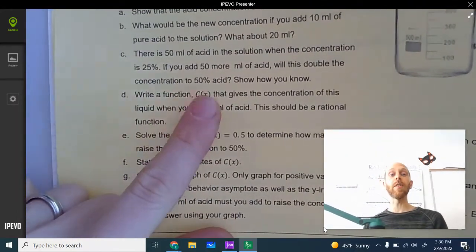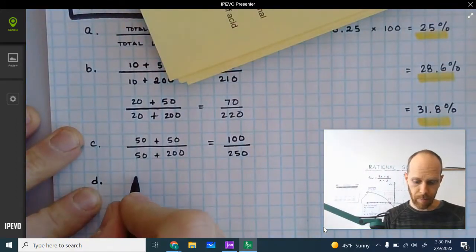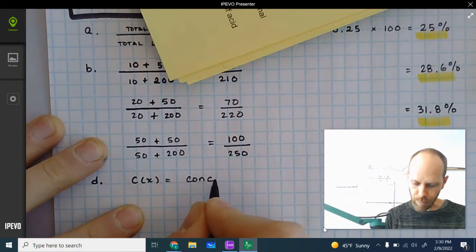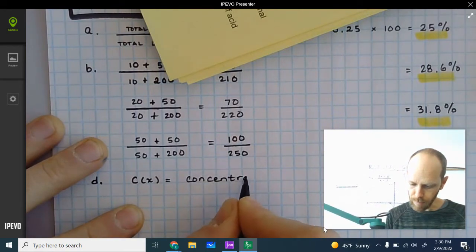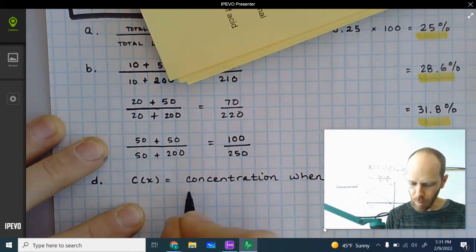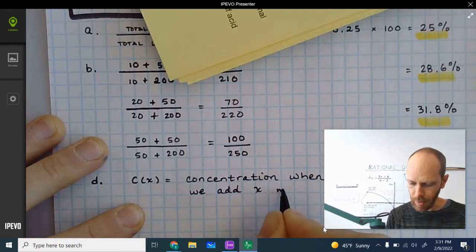We're going to call it C of x. C of x is going to be the concentration when we add x milliliters of the pure acid.